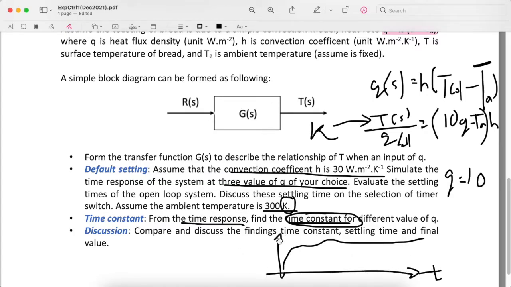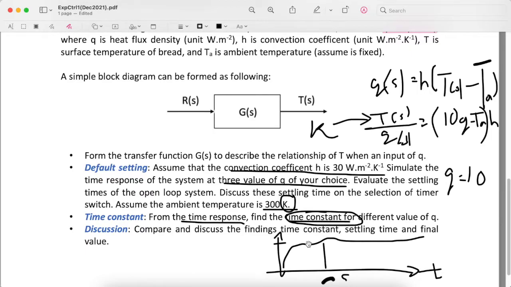Then after you get this, you may want to discuss further, but before you do the discussion, you may also find what is the settling time, TS, and the final value as well.